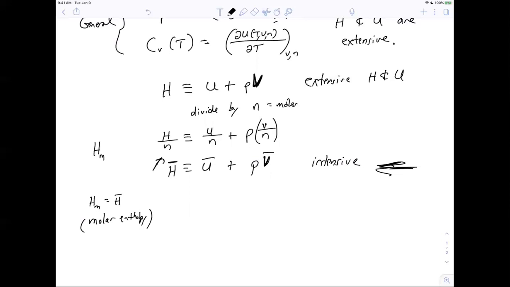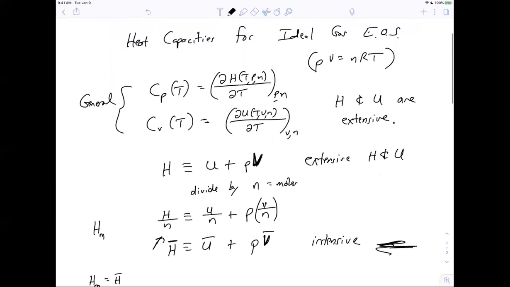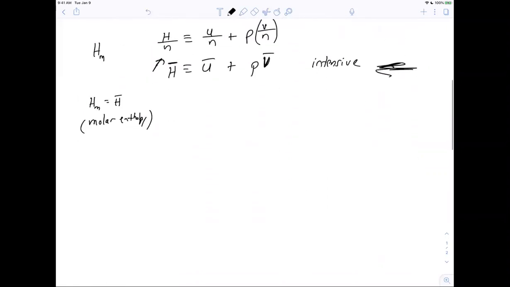Okay? So if we go back to our expressions here for the general Cp and Cv, we can make these heat capacities intensive, per mole. So we can write Cp of T, which is equal to the partial of H with respect to temperature at constant pressure.